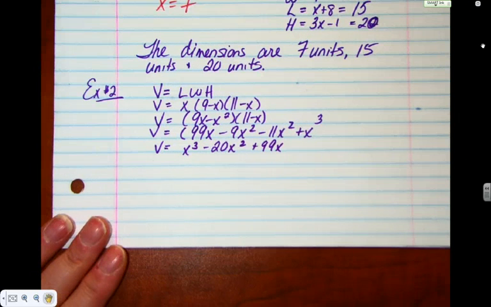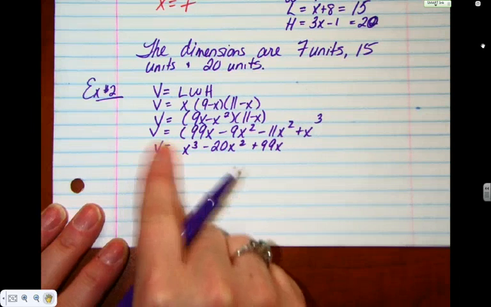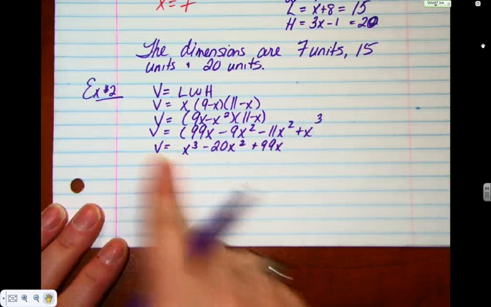Okie dokie. Now what? But we don't have a number on this side. So the last one we had 2100 here. This one we've got two different variables.